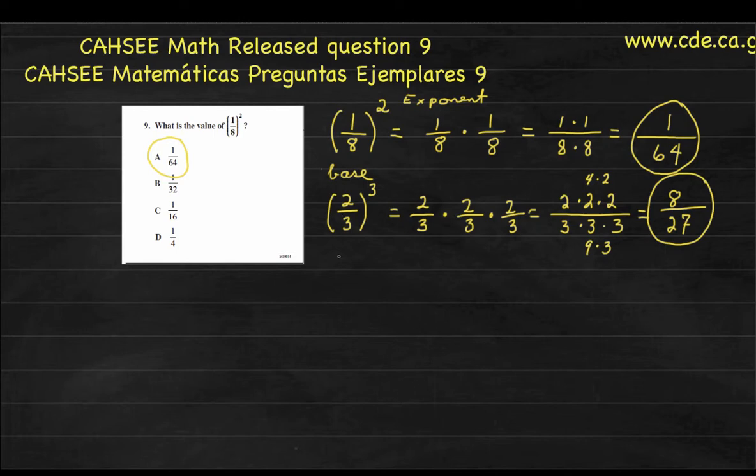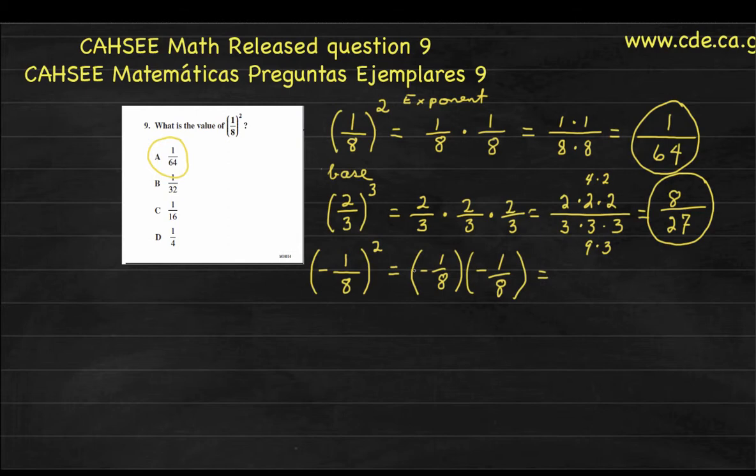What if the inside had been a negative number? So if they had given me negative 1/8, and then that raised to the second power. Then again, since this is the base, the base has to be repeated. So what I have to write is a negative 1/8 times a negative 1/8. Then I multiply, just like I did before.